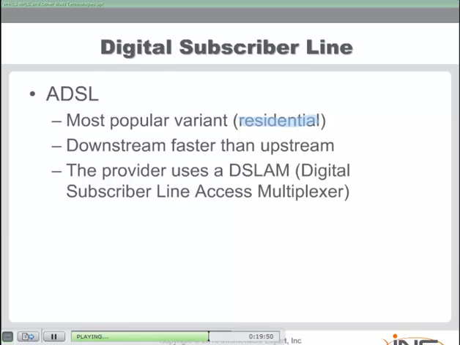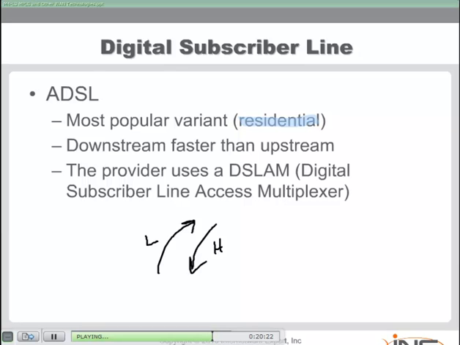Well, because with ADSL, like so many broadband technologies, your rate of downloading will be different from your rate of uploading. We typically have a higher download speed and a lower upload speed. And that's exactly how ADSL works. You get fast downloads, relatively slower uploads, and this is why it's called asymmetric.